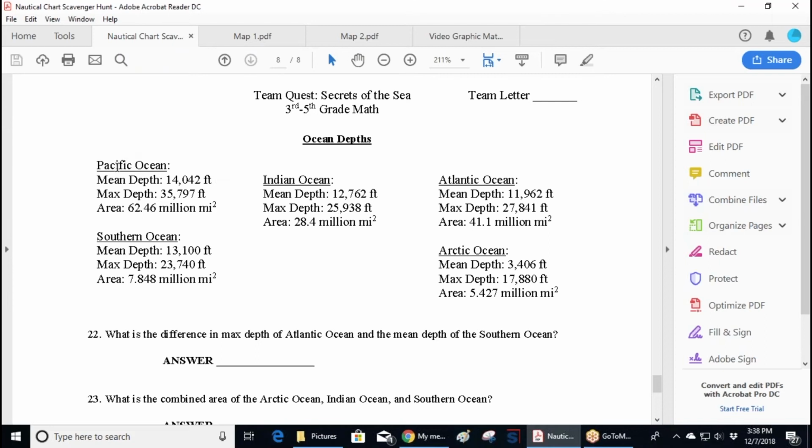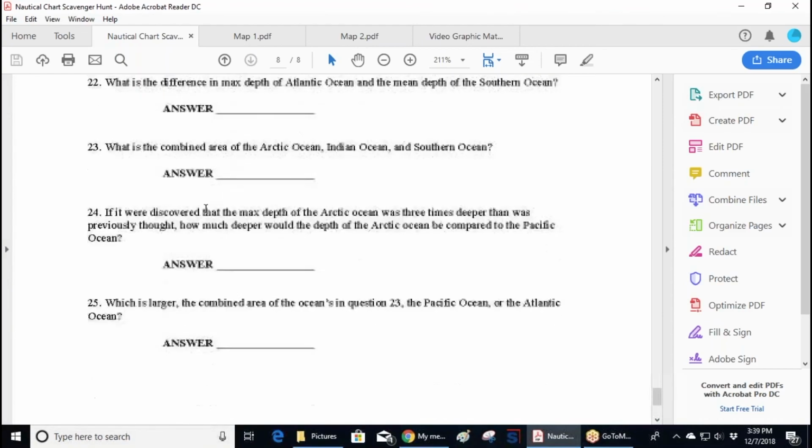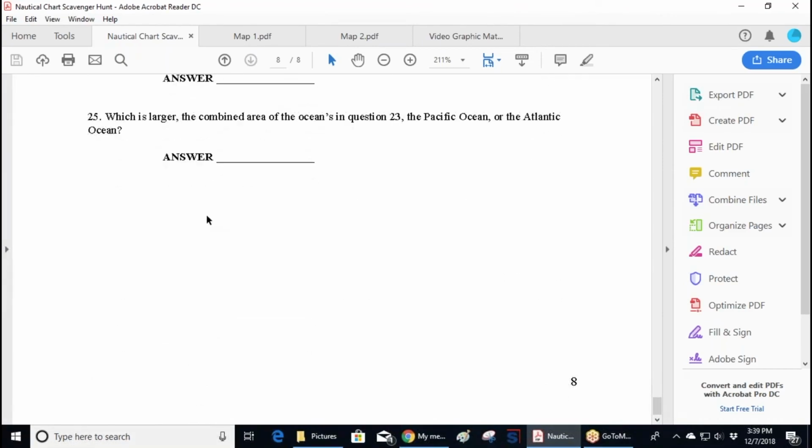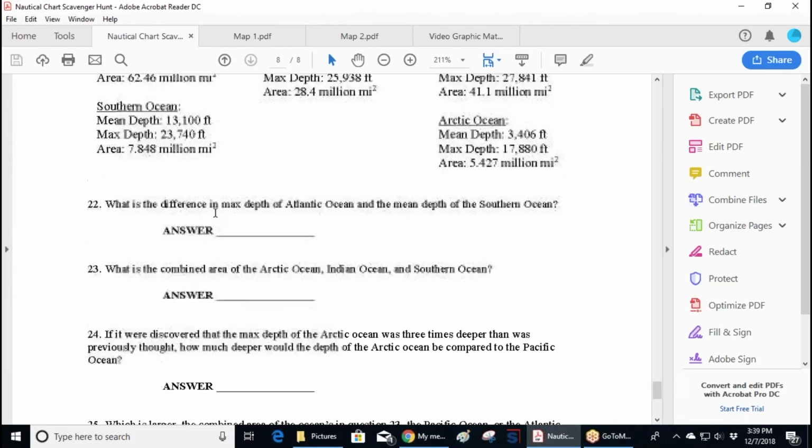For example, the Pacific Ocean has a mean depth of 14,000 feet. It also gives you the max depth of each ocean. The Pacific Ocean has a maximum depth of 35,797 feet. You're going to use these numbers to answer questions 22 through 25.